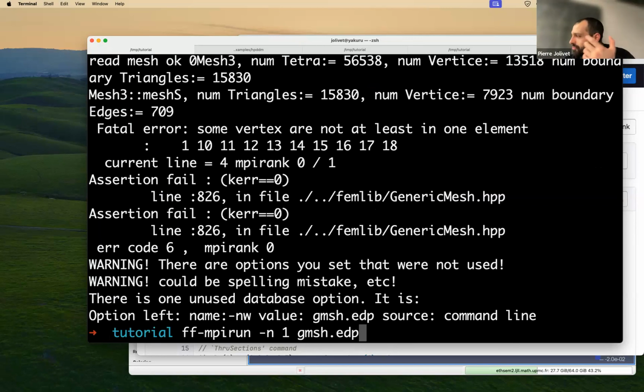So usually when you use dmplex, you can bypass such an issue, but since the plugin is messed up also, I will need to fix it first to be able to load the mesh. But this will be a good test to have in FreeFem. So for now, let's stick to square for the end of the tutorial, or cube.